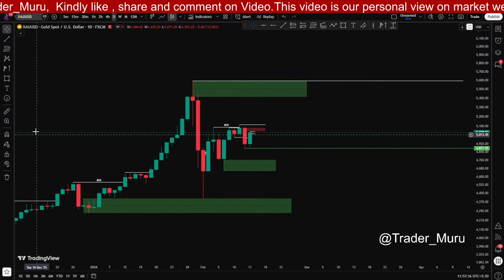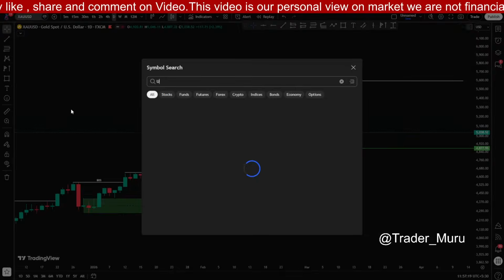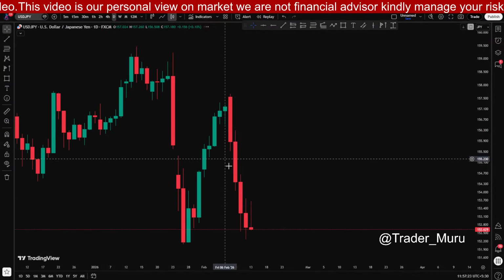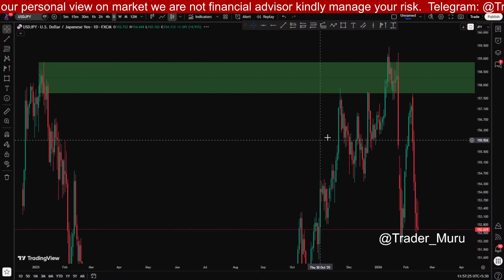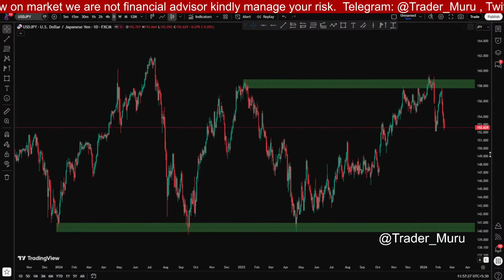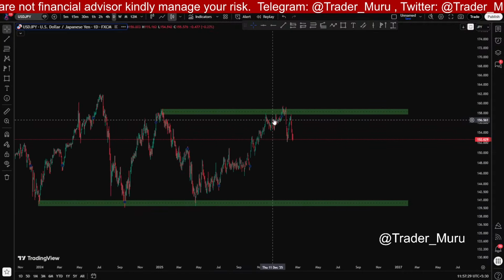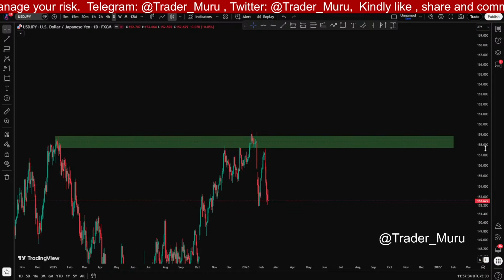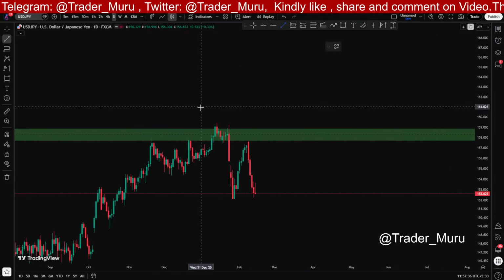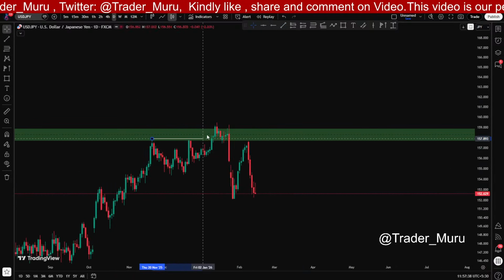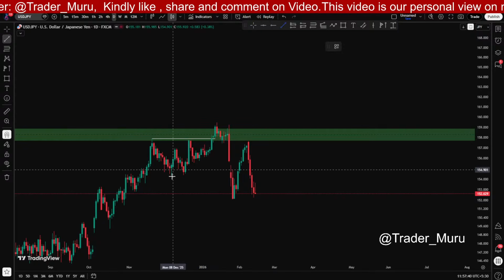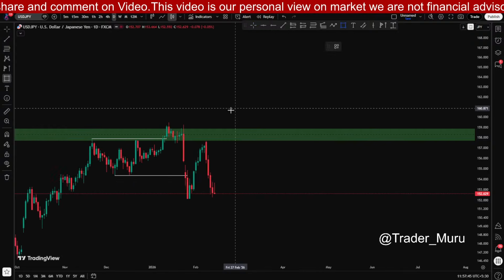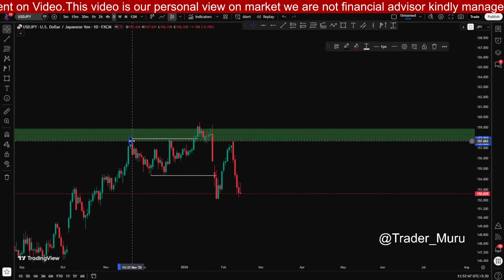Please discuss USD JPY. Okay, let's see USD JPY. It's in range in the daily time frame, and here we have the last breakout structure, and we have this change of character, and this is our QML zone.